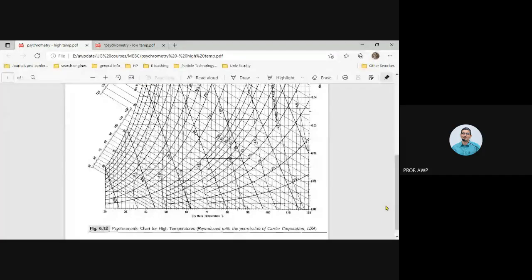One second, let me share that. Are you able to see the humidity chart? Yes, sir.